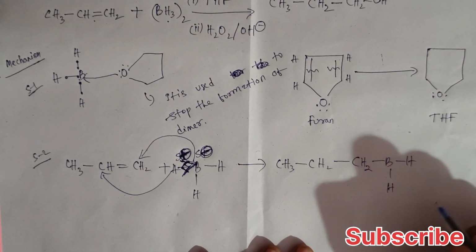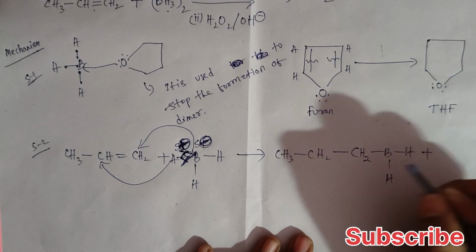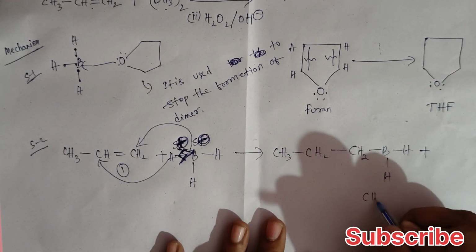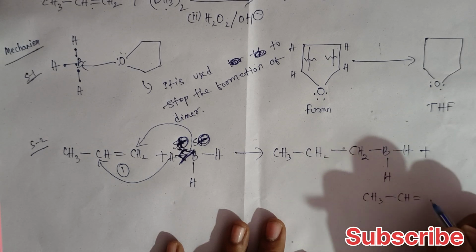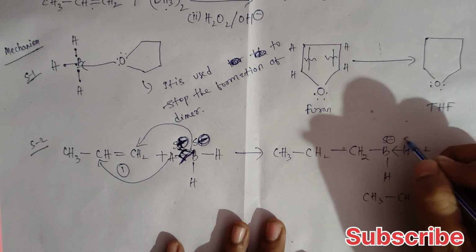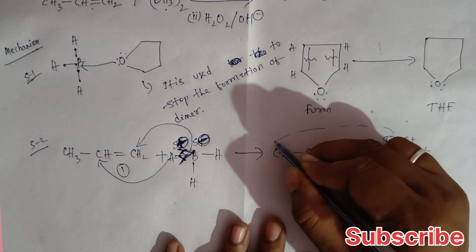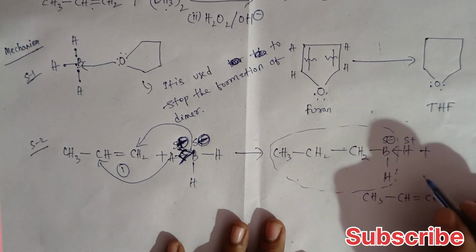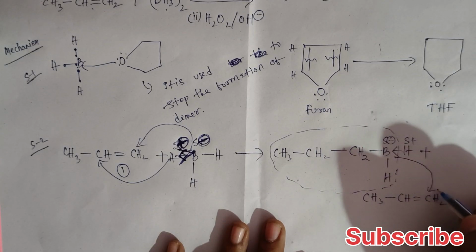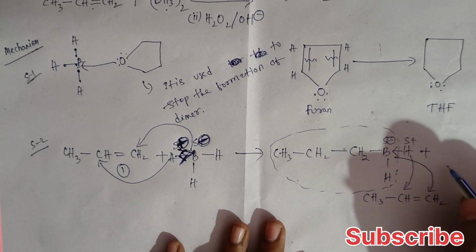Now, this is the first propene structure. Then another propene reacts with it, another propene CH3 CH double bond CH2. Again the boron attracts negative and the hydrogen is positive. The negative part will attack the carbon, and the positive part will attack the other carbon according to the anti-Markovnikov rule.